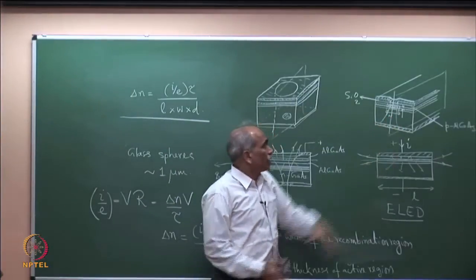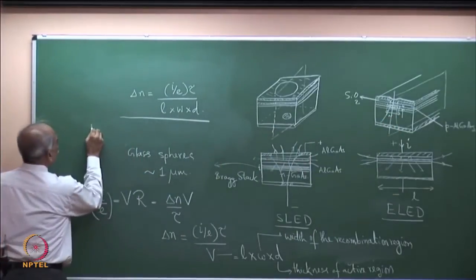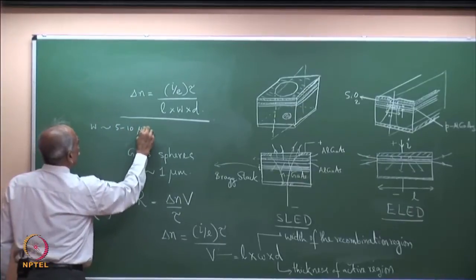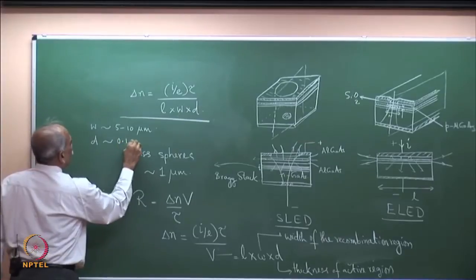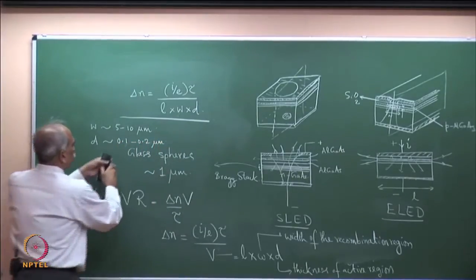This W is typically 5 to 10 micrometer, and D, which I have already discussed, is about 0.1 to 0.2 micrometer in a double heterostructure.